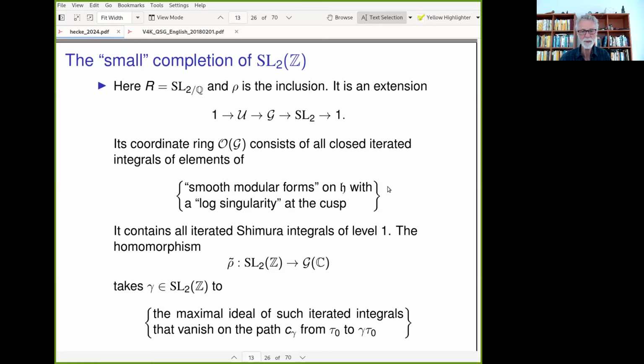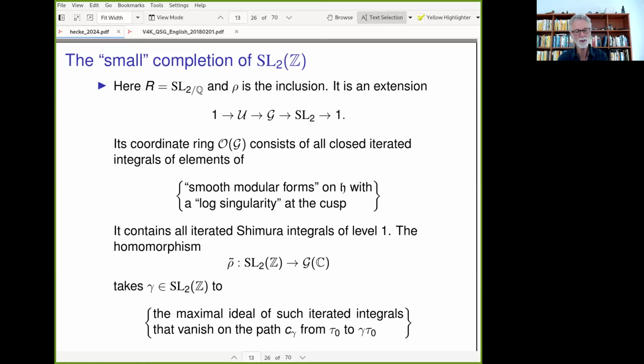I have a paper somewhere with a precise description of what forms you take here. Anyway, this coordinate ring contains all iterated Shimura integrals of level 1. And the homomorphism from SL2Z into this group takes a path to the maximal ideal of such iterated integrals that vanish on the path from the C gamma that goes from tau 0 to gamma tau 0.